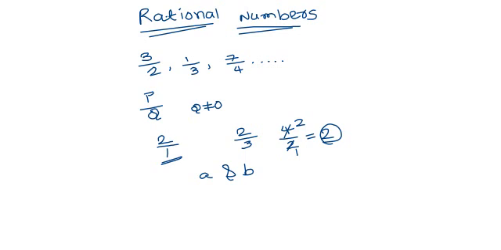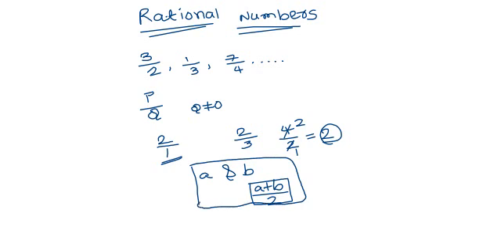First of all, you can take (a plus b) by 2. So this formula is useful to find a rational number between two rational numbers. This formula is very important for finding a rational number between any two rational numbers.